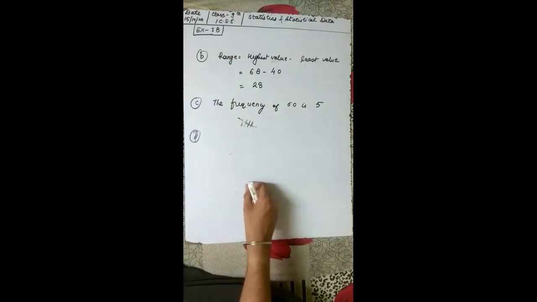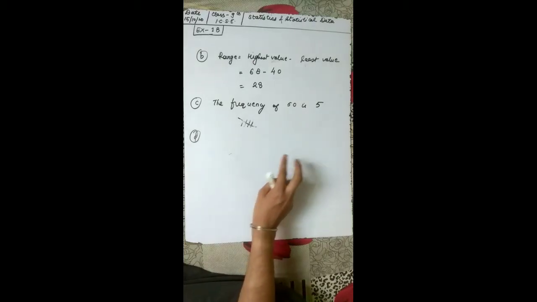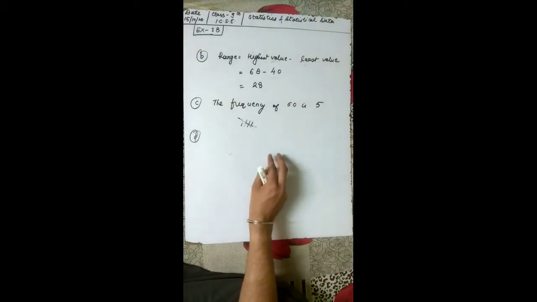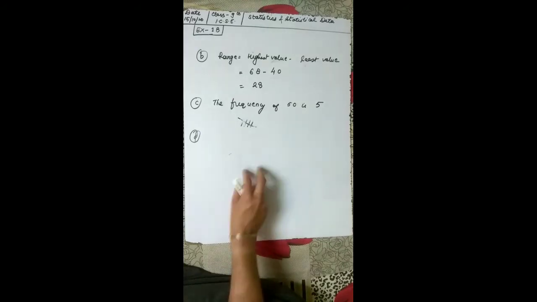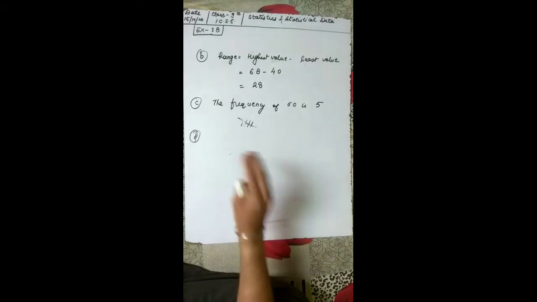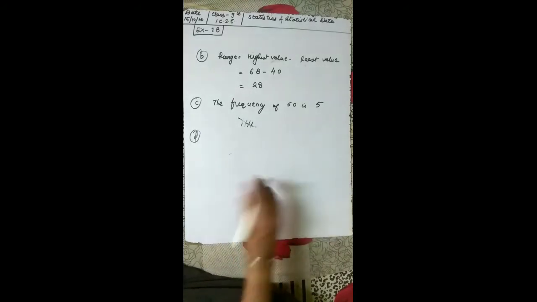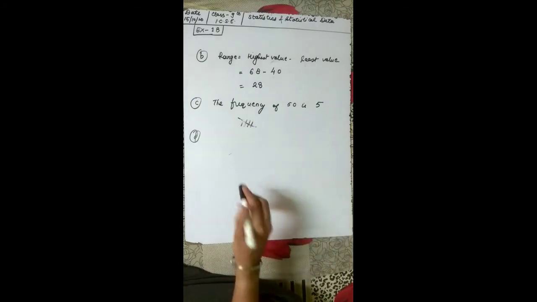It is overlapping class intervals, because the upper limit of the first class interval and the lower limit of the second class interval are the same. If it is the same, then we say it is an overlapping interval, so this is overlapping.